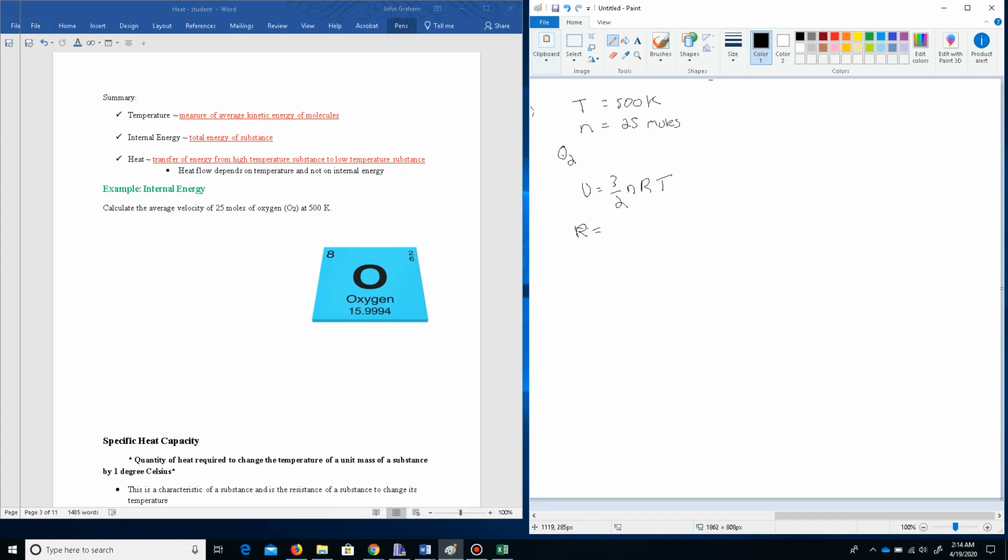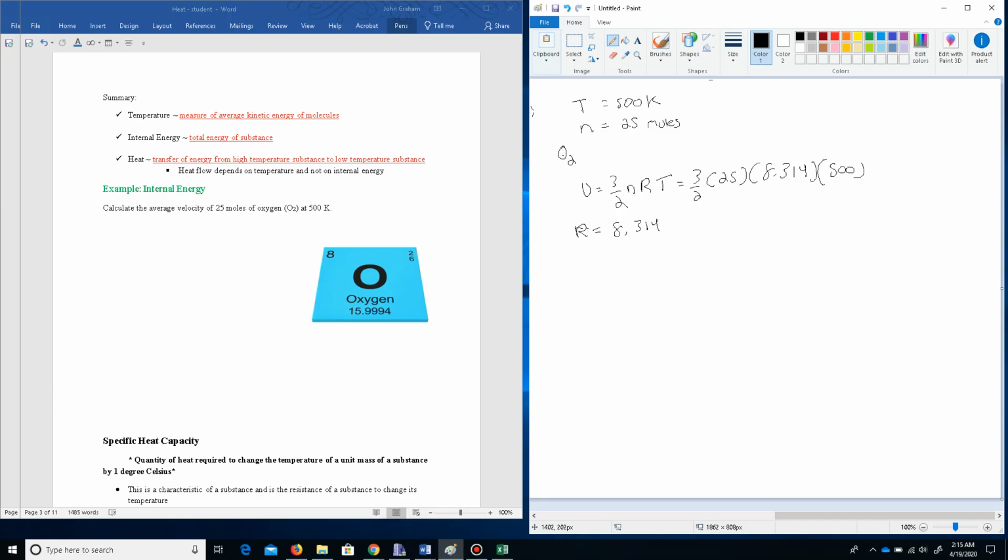R is equal to 8.314. And so we have U equals 3/2 times 25 times 8.314 times 500. One thing I want to mention here is that this 8.314 is going to give the answer in joules, which is why we use it. If we use the other one, we have to figure out the units.